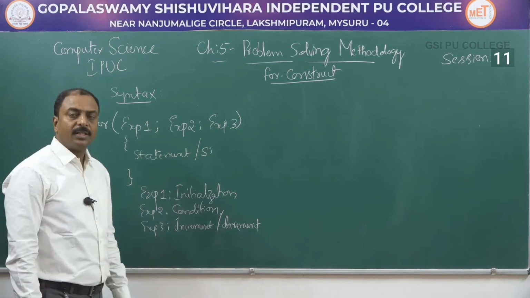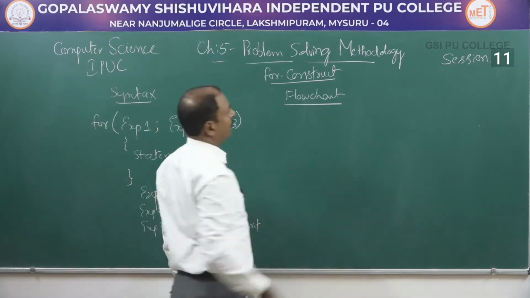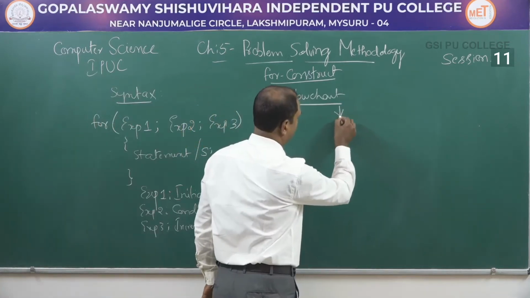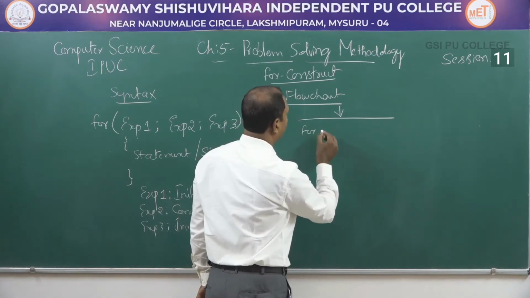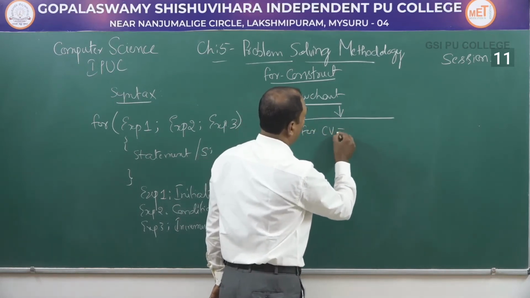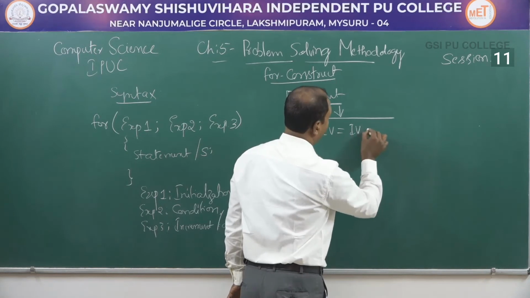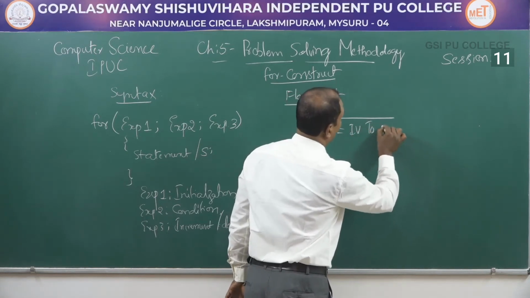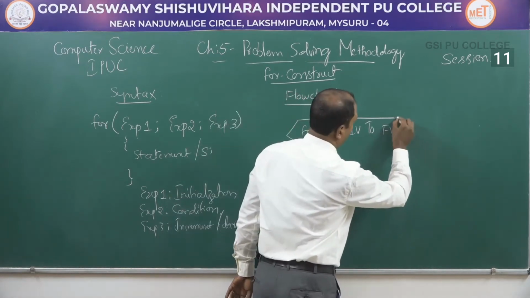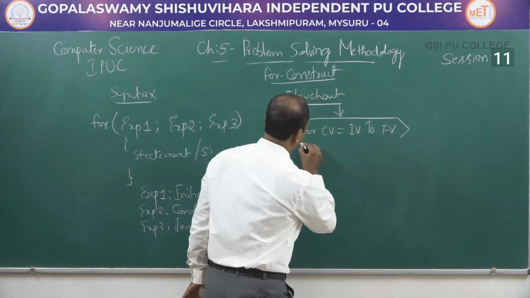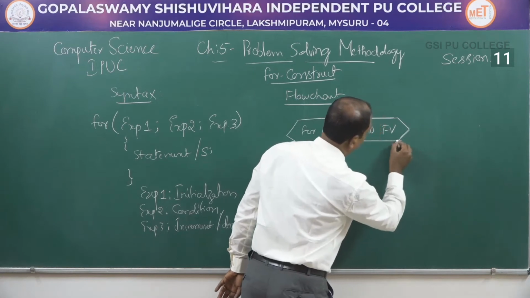Now let us see the flowchart of the same. For control value equals initial value to final value, and this is a symbol to represent repetition of statements.